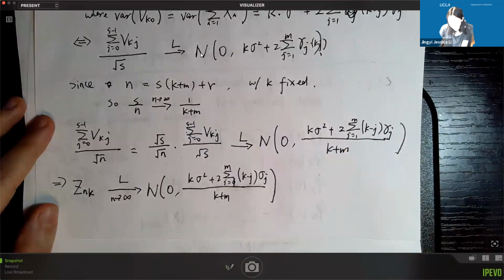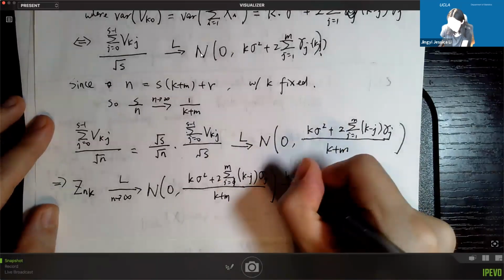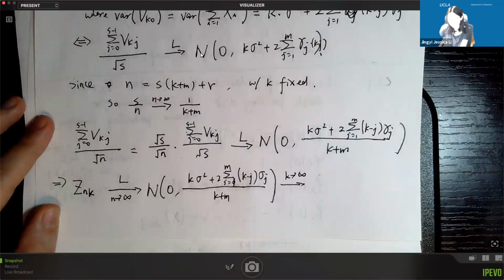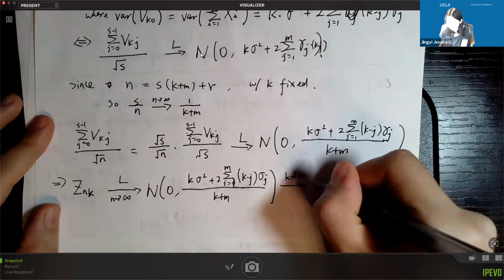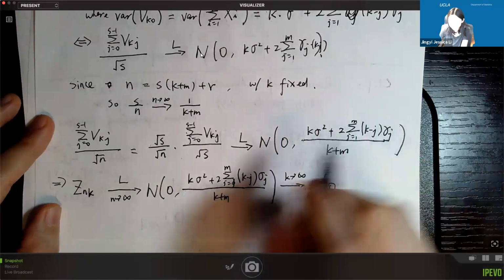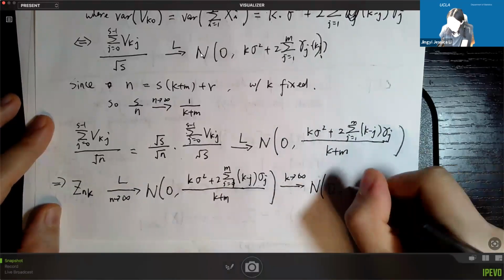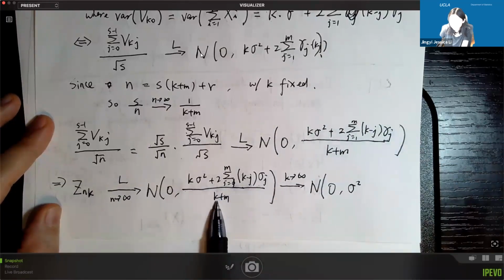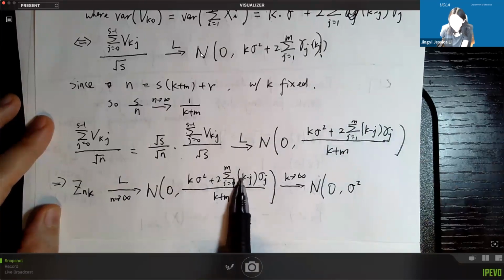Now, finally, I'm going to let k go to infinity and see what happens. When k goes to infinity, m can be dropped, since m is a constant, not comparable to k. For the variance, the first term becomes sigma squared, and the sum of k minus j over k plus m goes to 1.